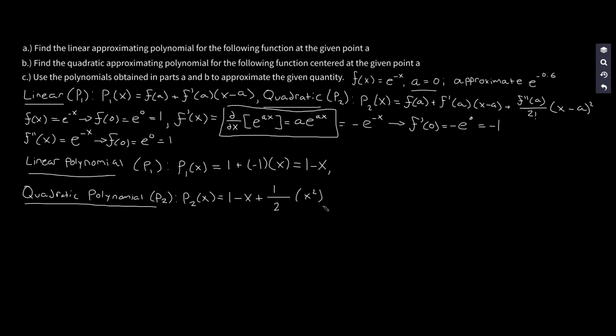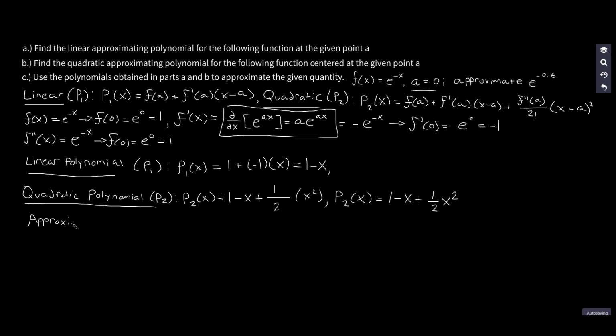Now let's approximate. You know what? I'm going to get rid of the parentheses. I don't want to be lazy. There we go. Our answer is p sub 2 of x equals 1 minus x plus 1/2 times x squared.